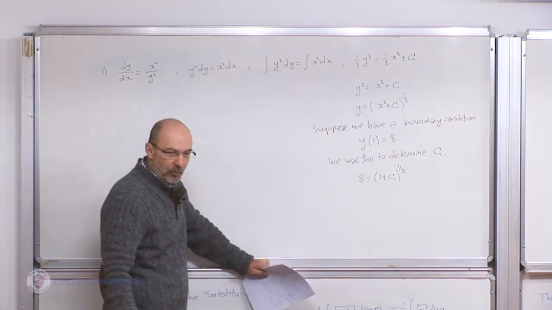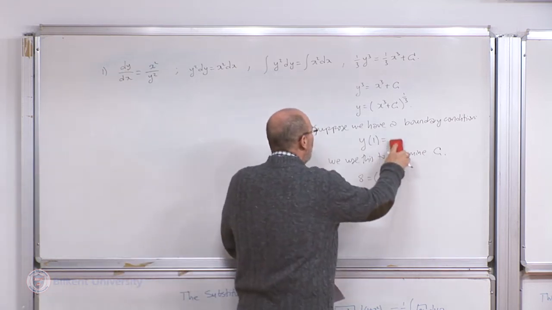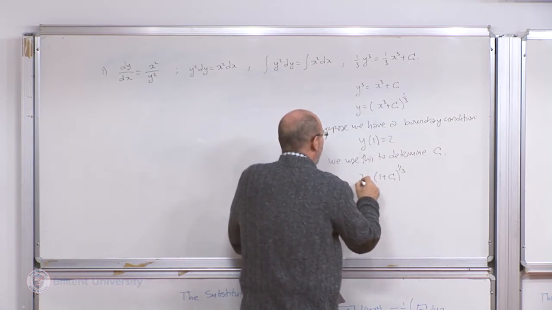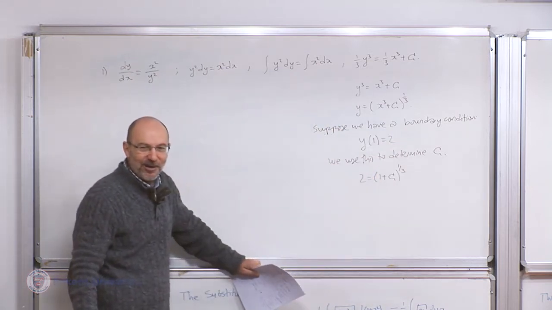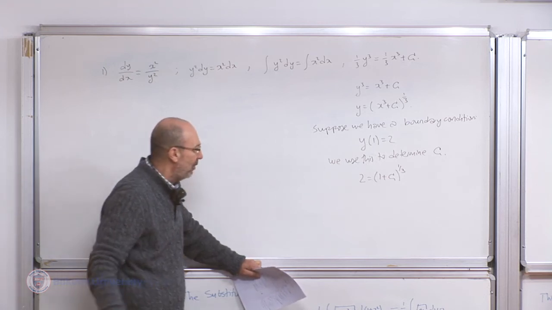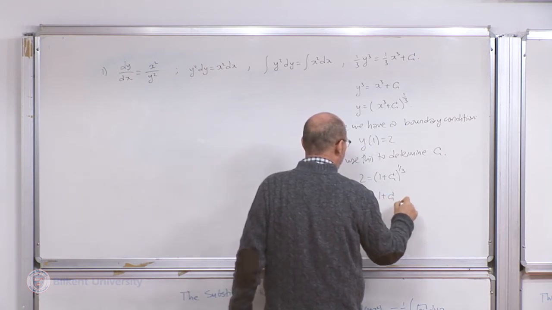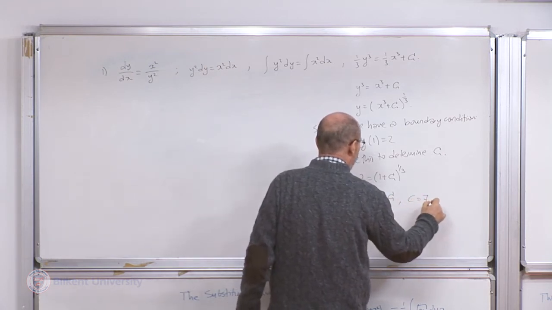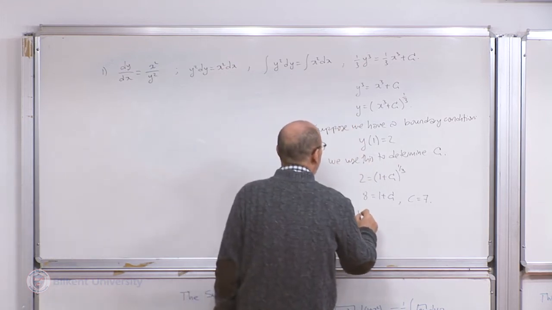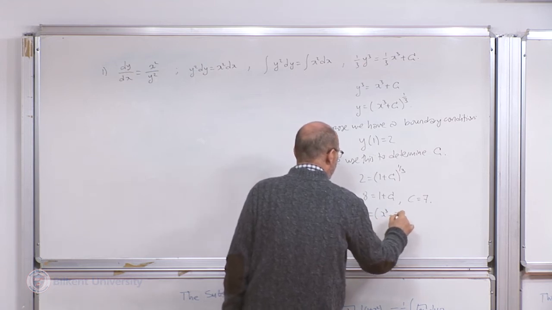That made it too big, 8, 64. Too much, isn't it? Let's make this 2. I don't want to work with big numbers. Okay, so now we know that c is 7. Okay, because I take the cube, this is 8 equals 1 plus c, so c equals 7. So we need this final statement. y of x is equal to the cube root of x cubed plus 7.